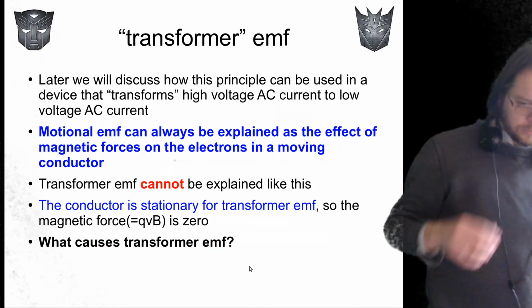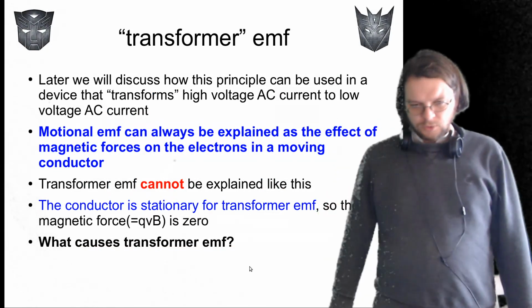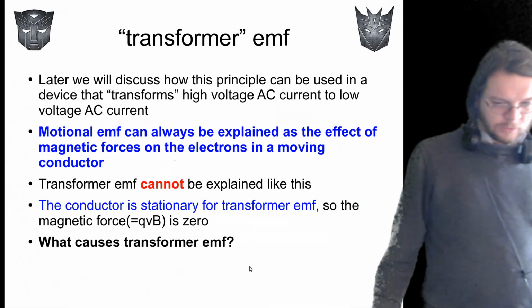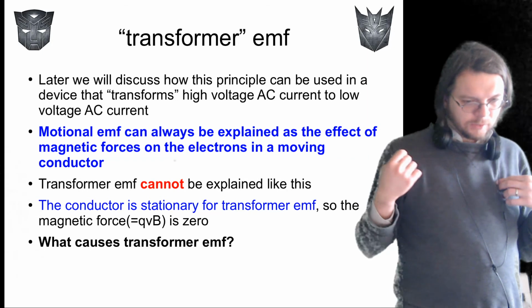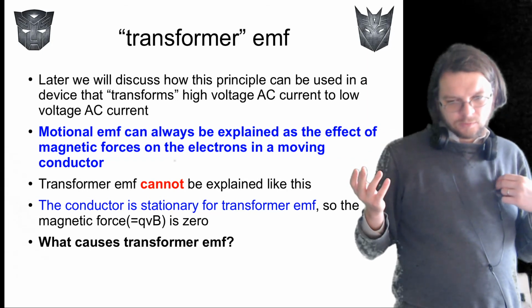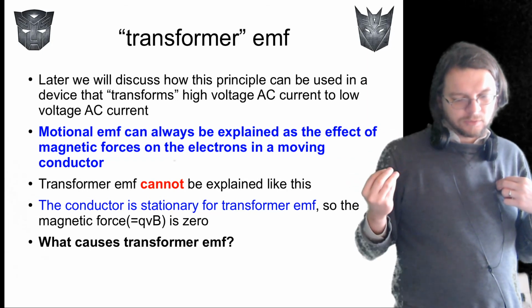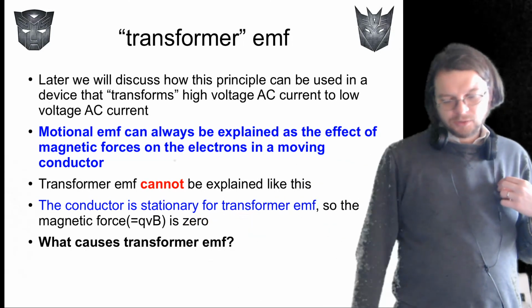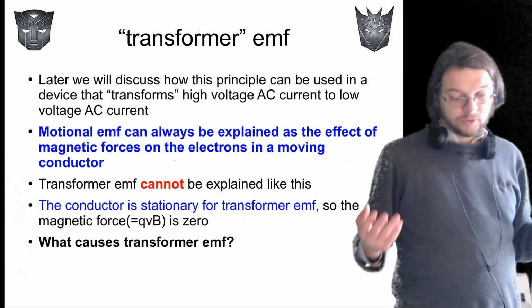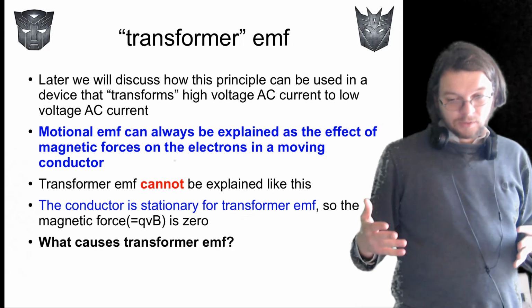So that was a nice visualization of the transformer EMF. My comment on that video is that you cannot explain that current with the right-hand rule, because with the right-hand rule you're trying to figure out what the magnetic force on the electrons is. Magnetic force is F equals qvB.